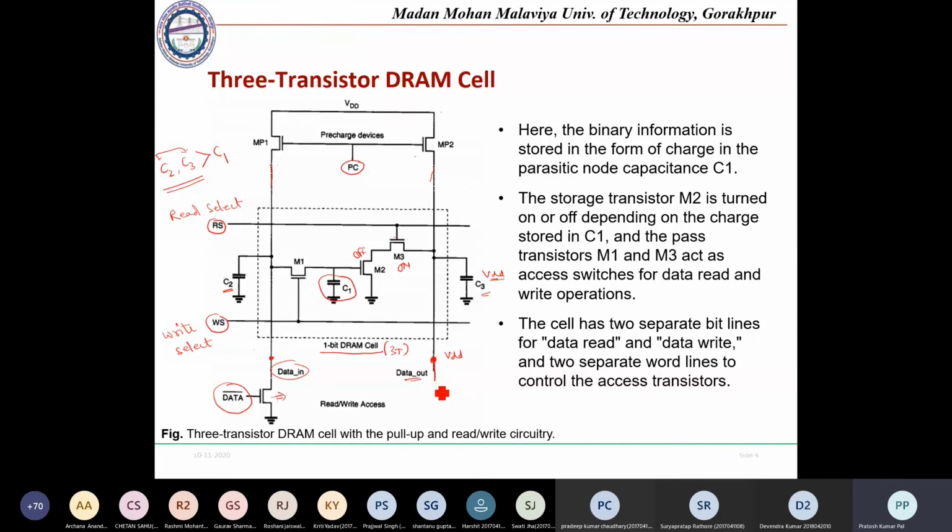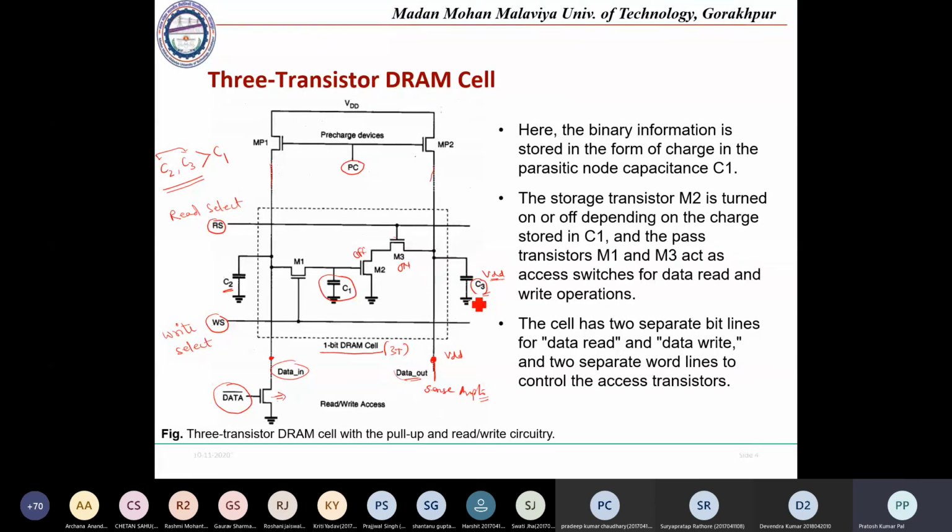So the read circuitry, that is the sense amplifier, will detect that there is no change in the C3 value, or no change in the stored value. As there is no change, the value stored on C1 is equal to 0. This is how the sense amplifier behaves, and it will detect whether the data out signal is 0 or 1 based on the discharging of C3.